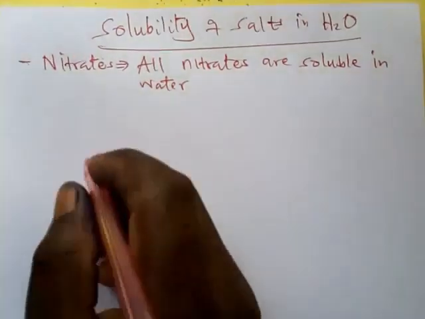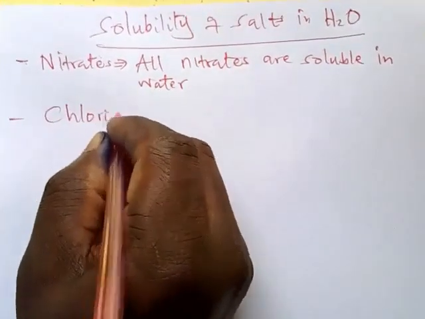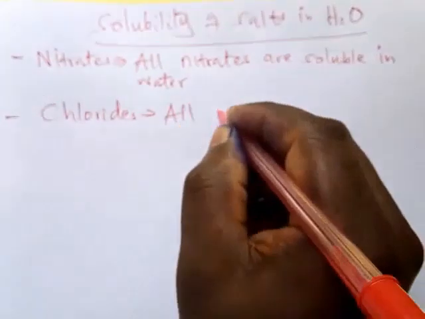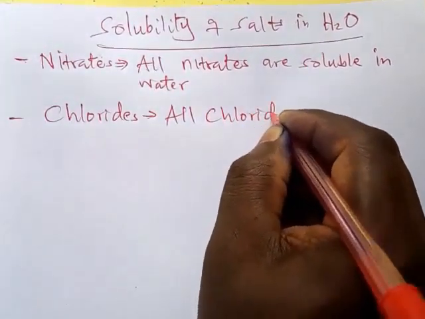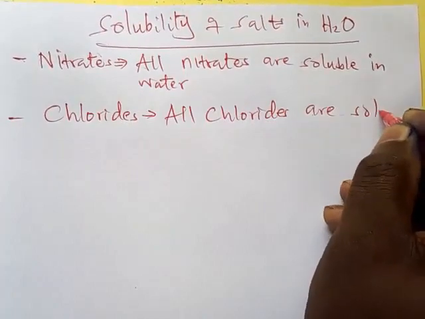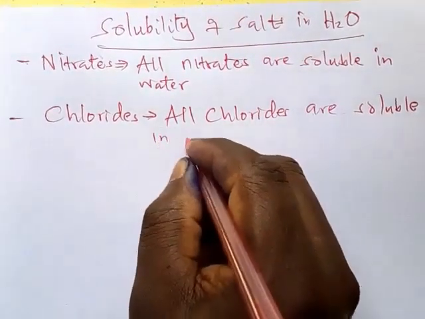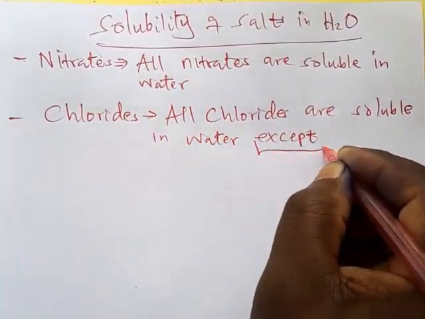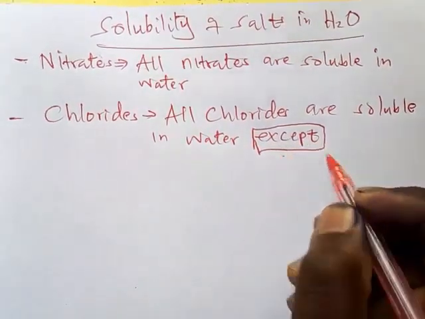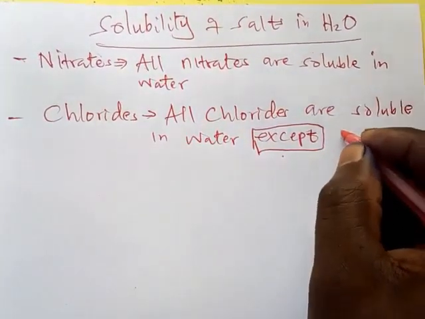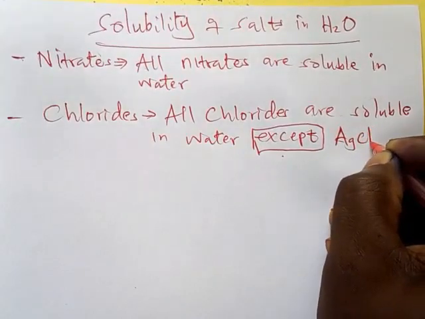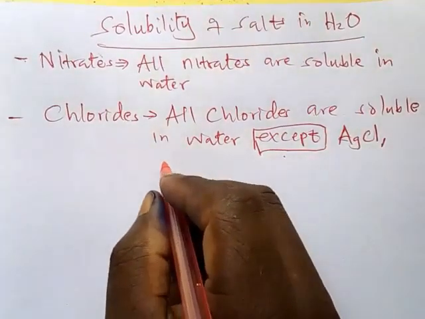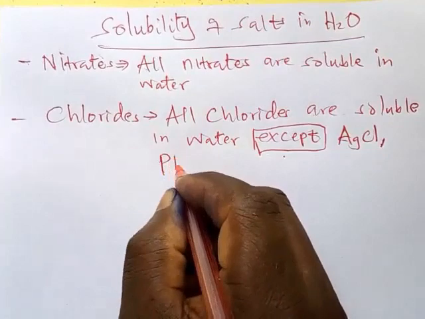Chlorides. Are all chlorides soluble in water? All chlorides are soluble in water, except, here I want you to mark that, except the chloride of silver, silver chloride, and lead chloride.